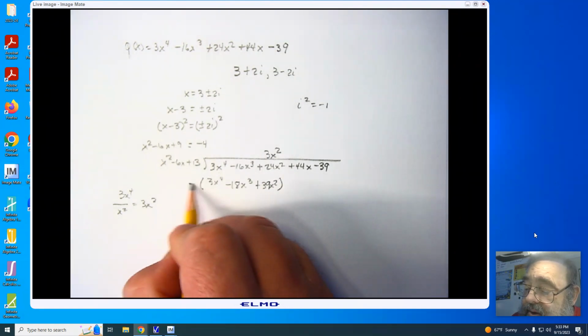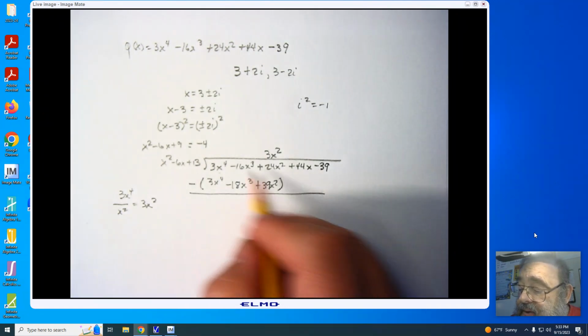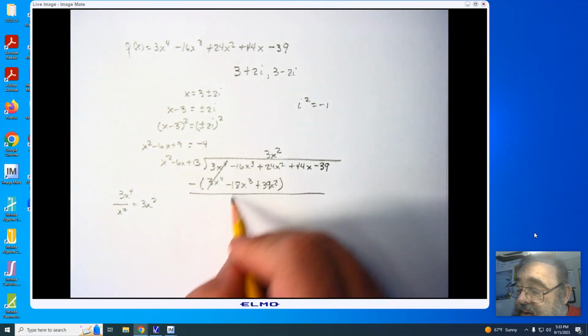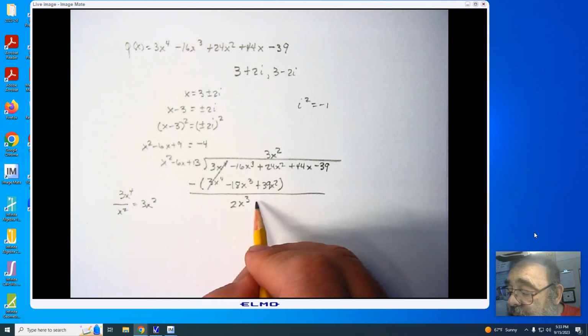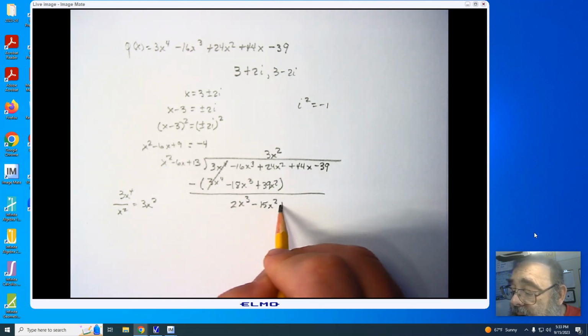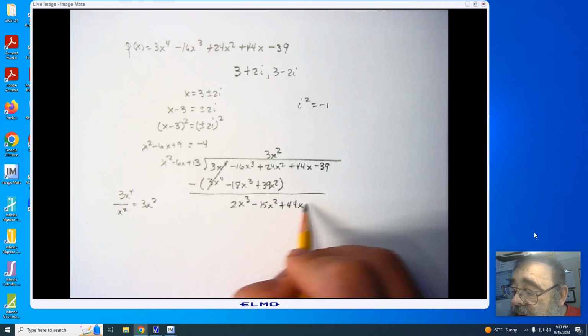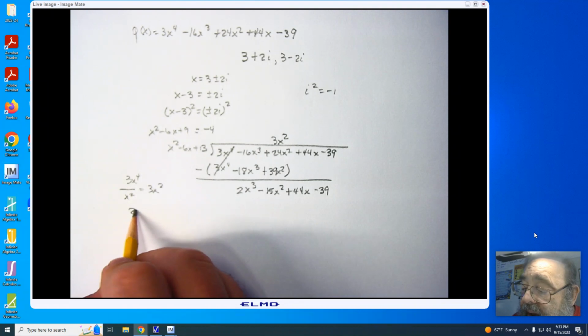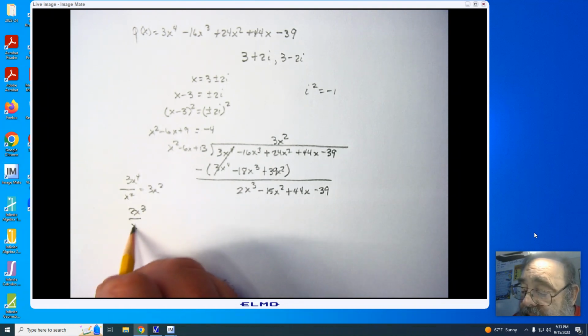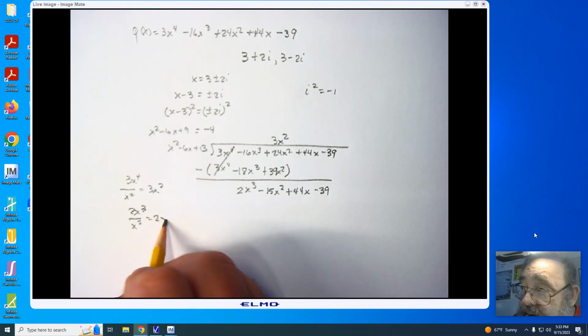We're now going to have to distribute our negative and add straight down. These cancel. I have 2x cubed. I get a negative, which gives me minus 15x squared plus 44x minus 39. We now continue with the 2x cubed divided by the x squared to give me 2x.